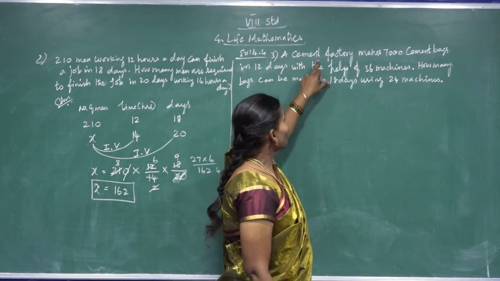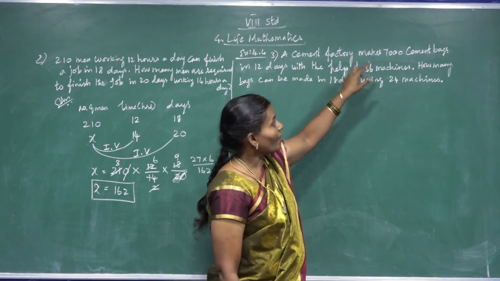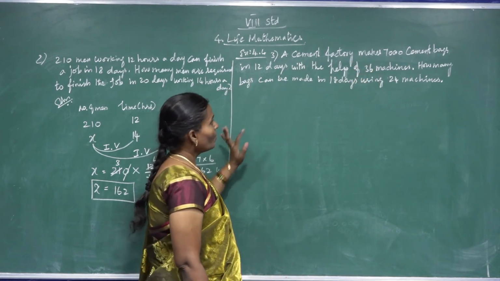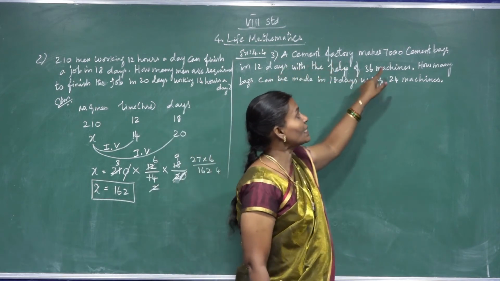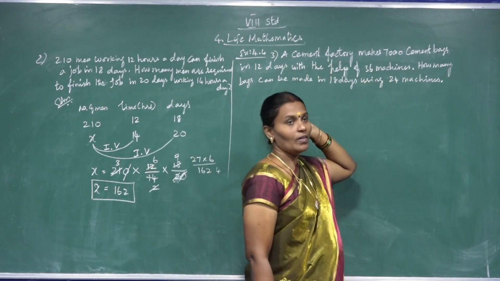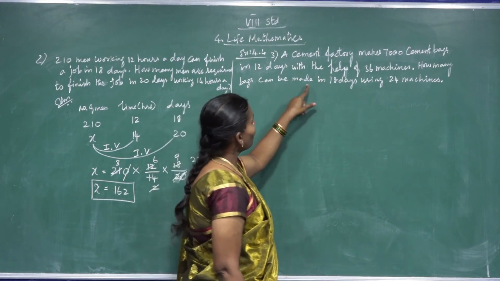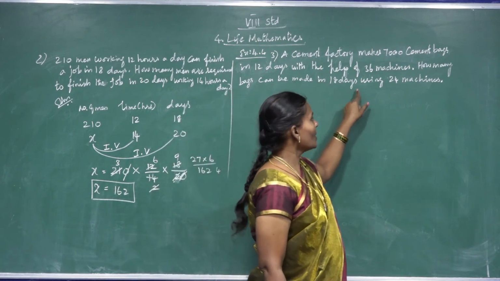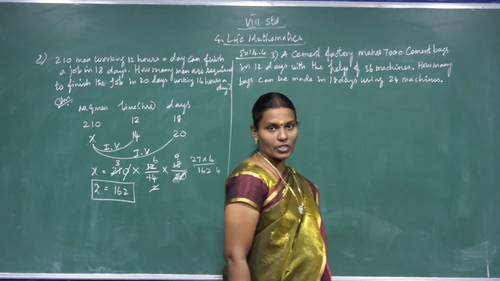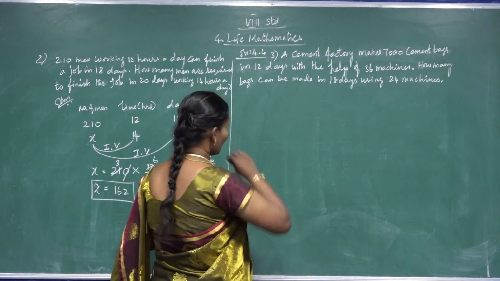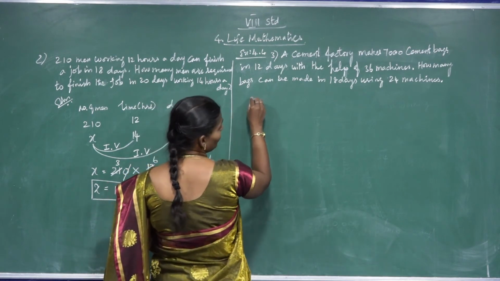Third one. A cement factory makes 7,000 cement bags in 12 days with the help of 36 machines. How many bags can be made in 18 days using 24 machines? Here, what are the three quantities?